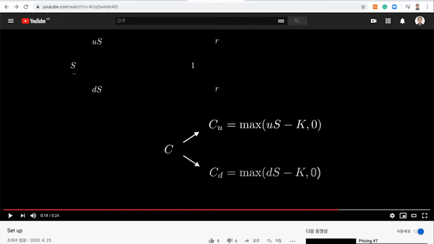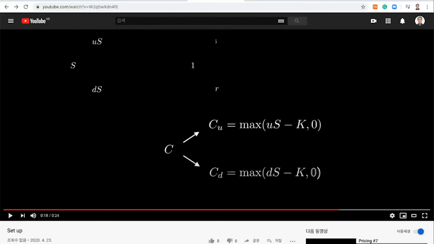So S is the current price of the stock, and for U and D, somebody gave me these 2 numbers. We take those 2 for granted. So that means U times S is known, D times S is also known, and 1 is definitely just a number, and the interest rate is given.